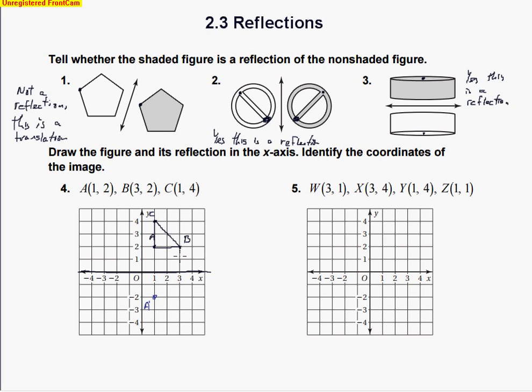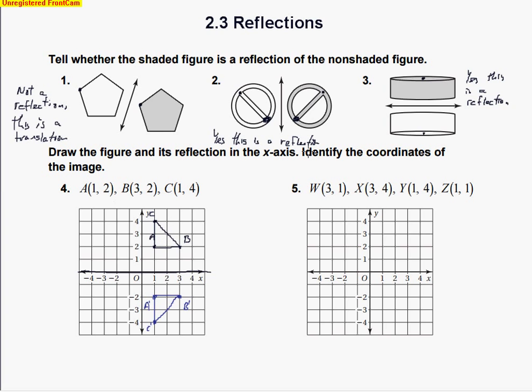And B prime would be 2 spaces from the line of reflection. So I just go on the opposite side, 2 spaces. Now C is 4 spaces from that line of reflection. So I need to go 4 spaces on the other side. That'll be C prime. And then I can go ahead and draw the shape, another triangle. So you see how you have a mirror image of this original figure, the pre-image.